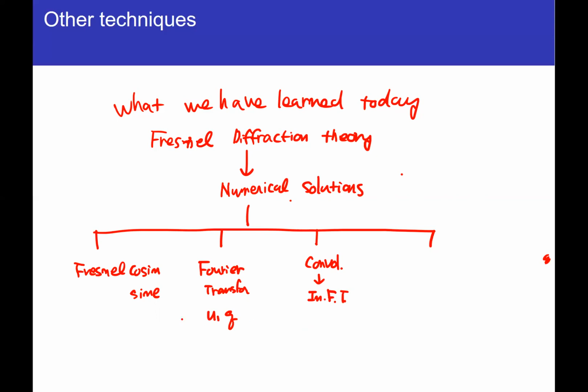So, the inverse Fourier transformation F inverse for U1, Q. So U1 is the Fourier transformation.